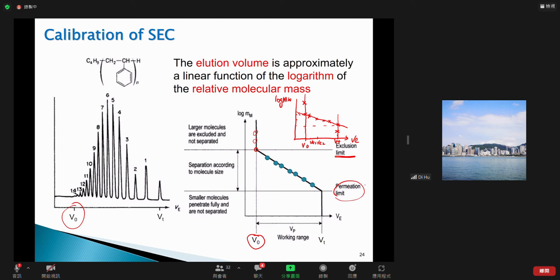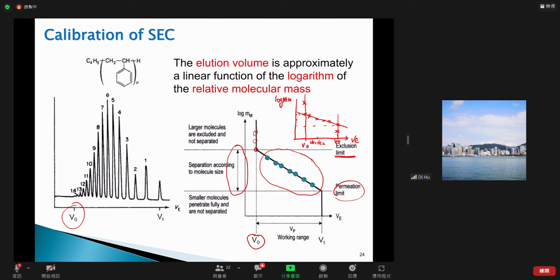So the range of molecular size or molecular weight that can be separated will be between the exclusion limit and the permeation limit. This is the area where you can do the calibration, and then use it to identify the molecular weight of the unknown.